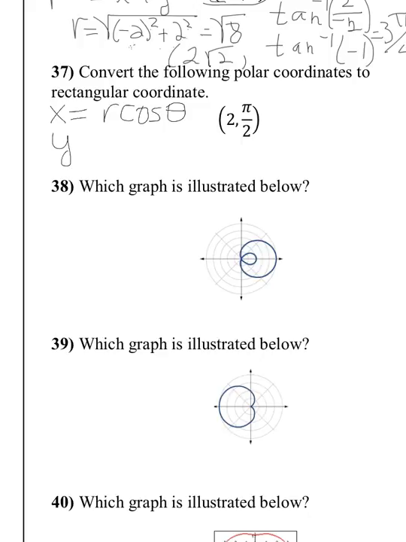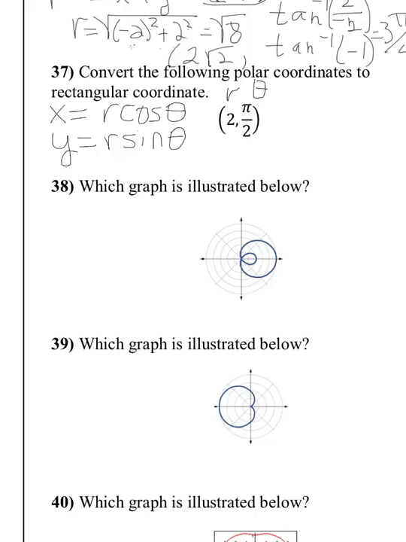And for the y, I'm going to use r sine theta. So look at your coordinate here. You've got an r and you've got a theta. So all you're going to do is plug those values into your formula and you're going to get your x and your y. That's all you have to do.